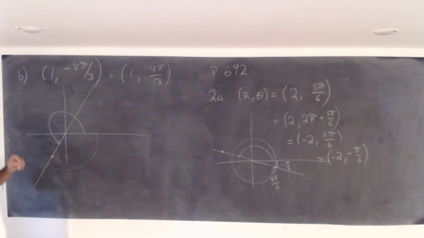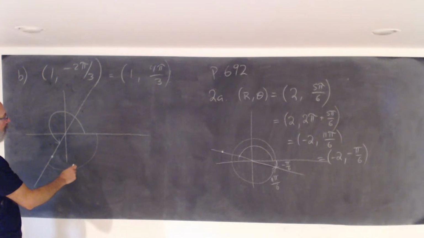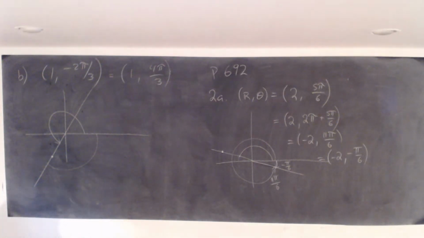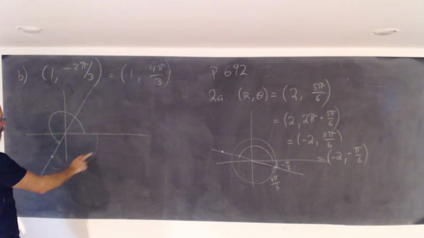No, what have I done? This is pi over 2. This has to be pi over 3, so this should be pi over 6. That does not look right. Probably my picture's off. No. What have I done? Jeez.